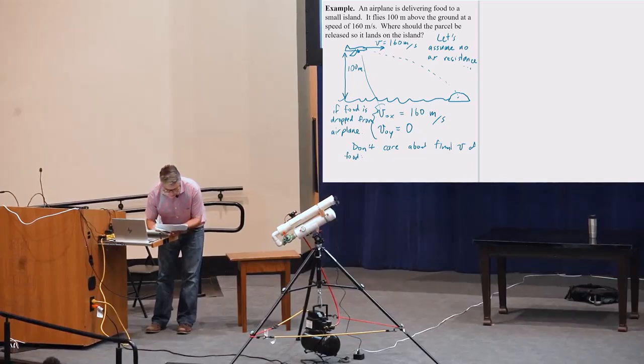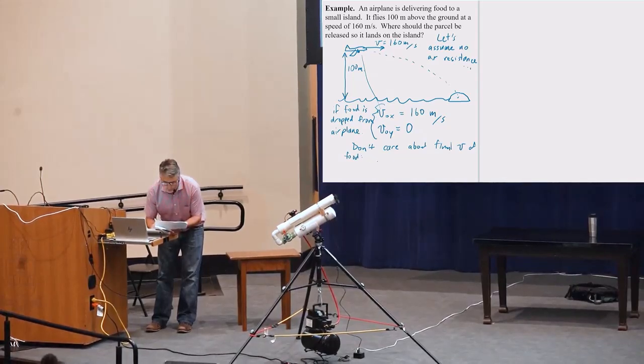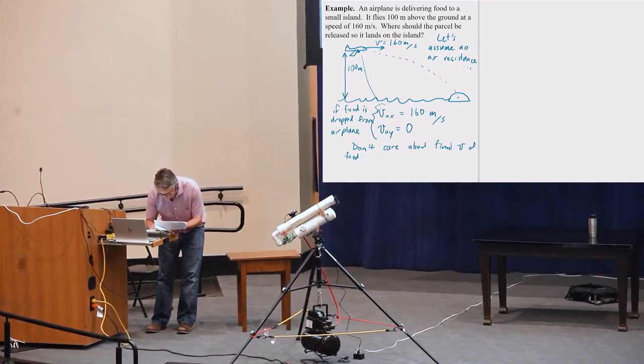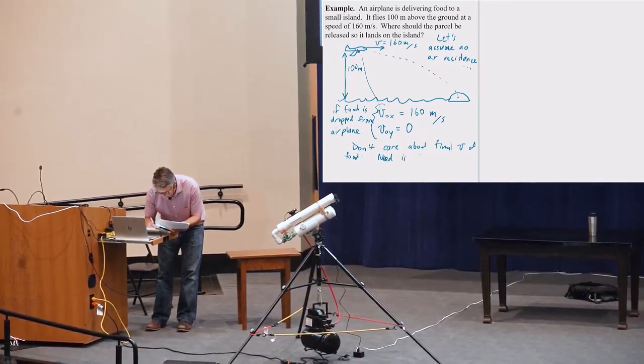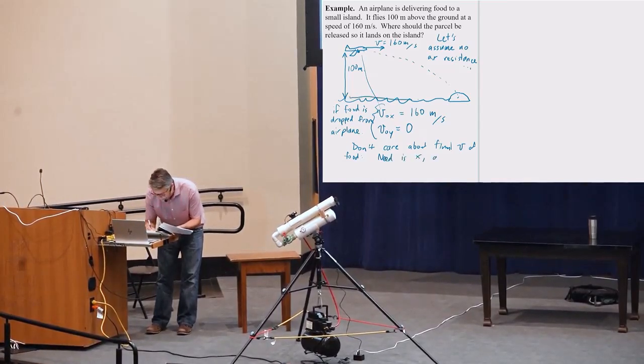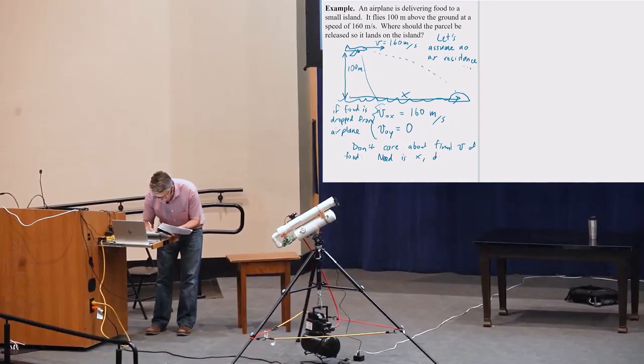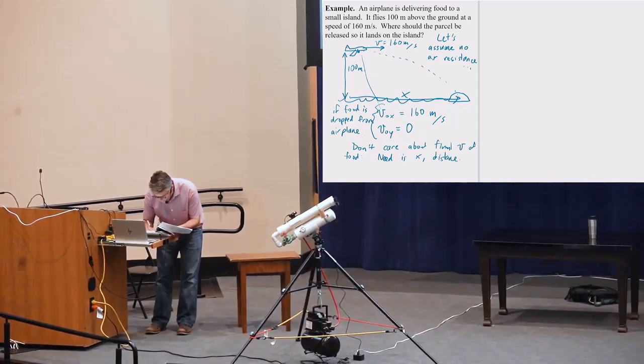So my guess is we're probably going to be using that equation 3.39 with the 1/2 at squared. What we need here is x, this distance right here, the distance in the horizontal direction.